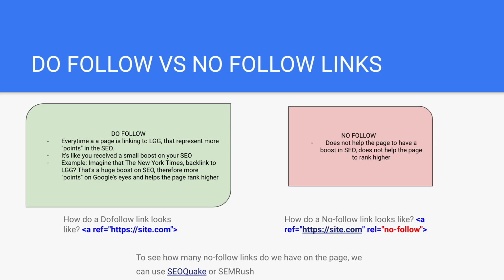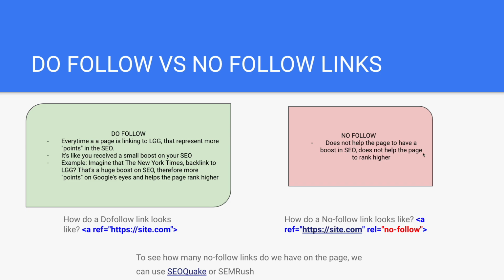So the same example as I gave you regarding the New York Times. If the New York Times links to us, then the link they use is going to be a do follow link, because they are an authority page, so they are going to give us a little boost on our SEO. But if another website that does not have any authority, quality content or good user experience links to us, probably that will be a no follow link, meaning that even if that site linked to us, it's not going to have any effect on our SEO.